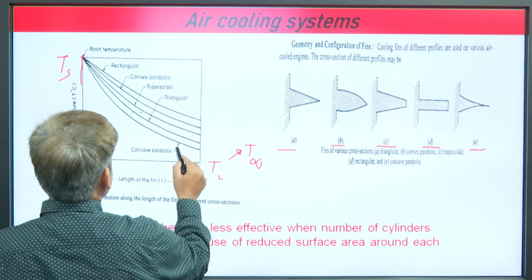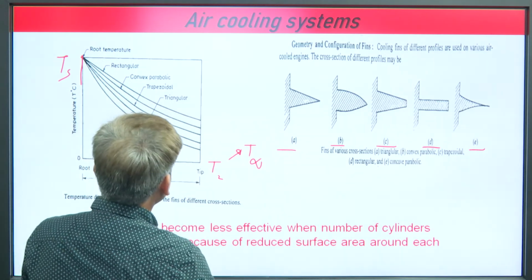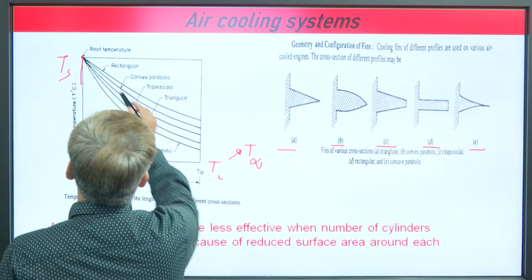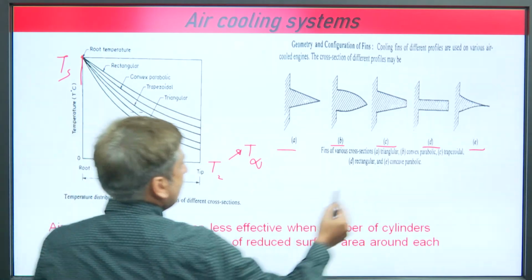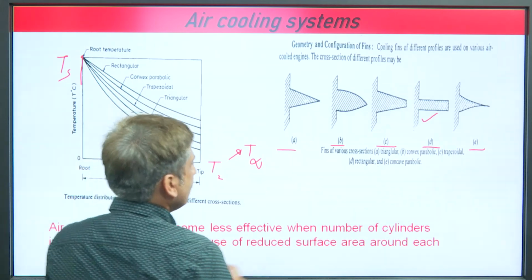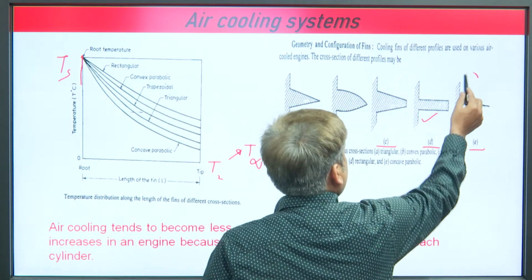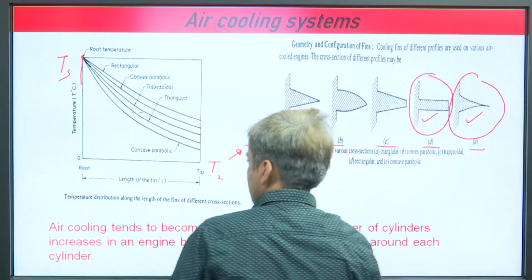You can see that for the concave parabolic fin, the temperature reduction rate is very high as compared to the rectangular one. This is the rectangular one, and this is the concave one. So, this one will be more effective as compared to that one.